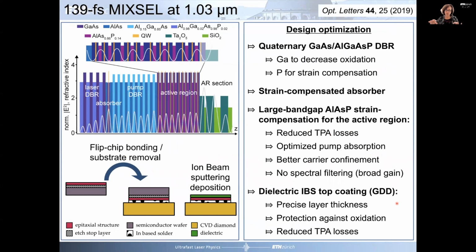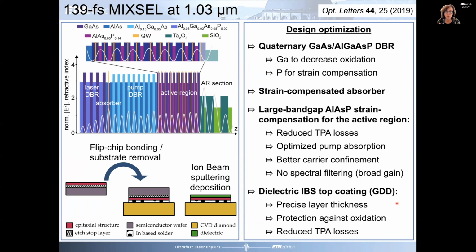And we always worked on SESAM and Wetzel mode locking because we had more adjustable parameters. And as soon as we could confirm that our design parameters were actually working, we then did the next step with the MIXSEL, with the full integration.